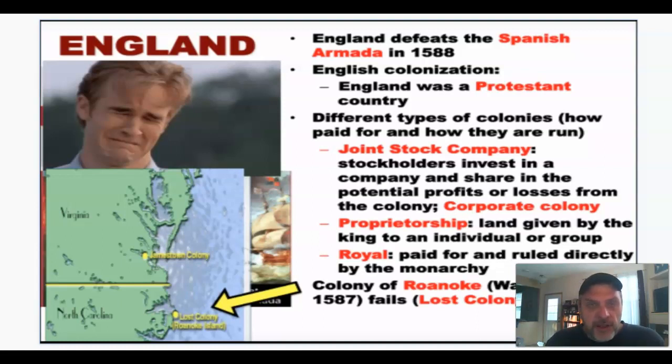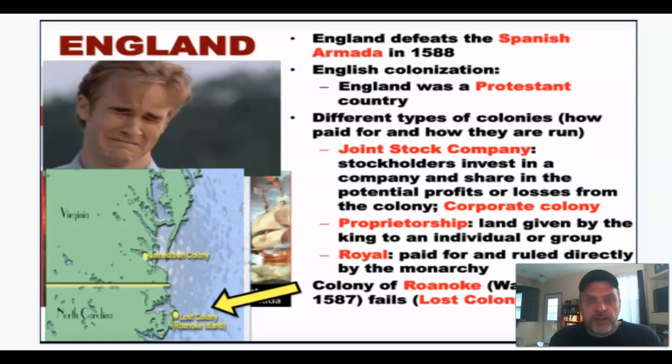And the Spanish suffered a key loss. The Spanish Armada did. The Spanish Armada was essentially the Spanish naval fleet, and that took place in 1588. And the reason this was significant is that it established the British as an up-and-coming world naval power. And that would have an impact on what the British intended to do in North America, right?